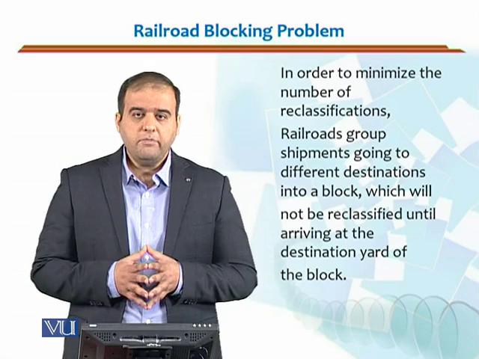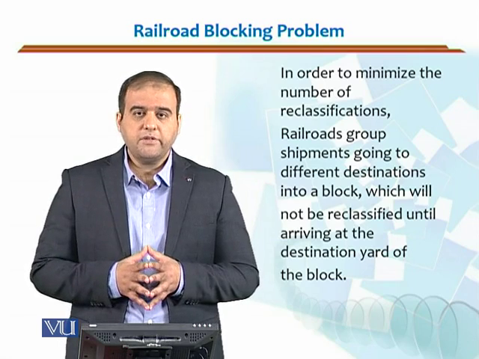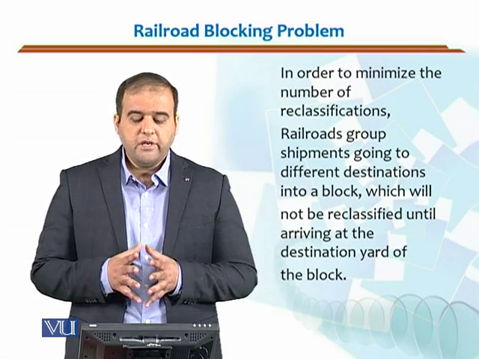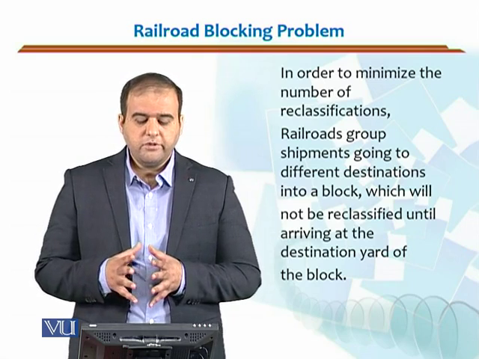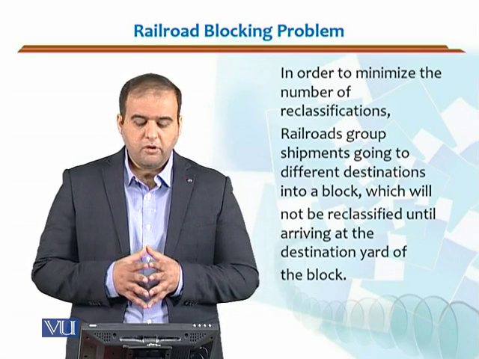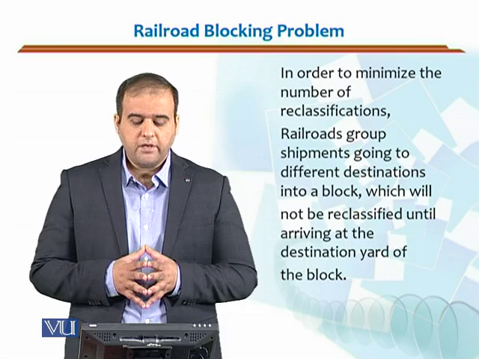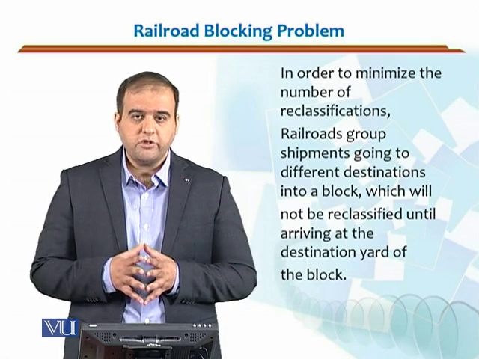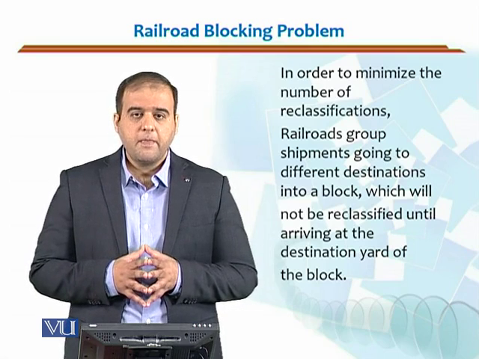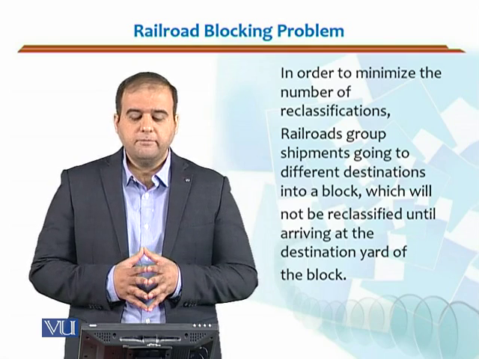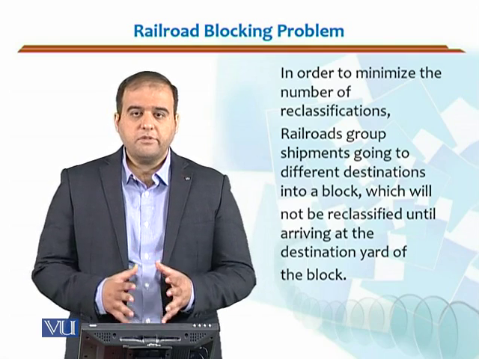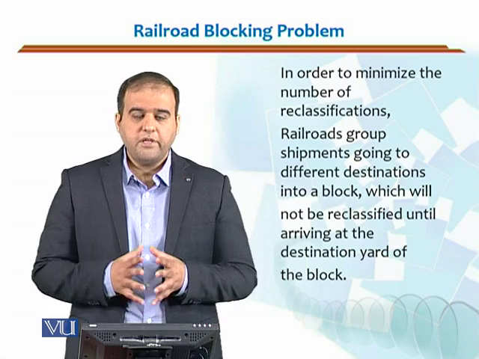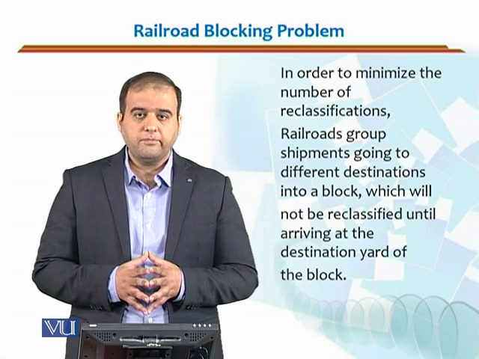Now, in order to minimize the number of reclassifications, railroads group shipments going to different destinations into a block which will not be reclassified until arriving at the destination yard of the block. So you define a block. So blocks actually represent the reclassifications.